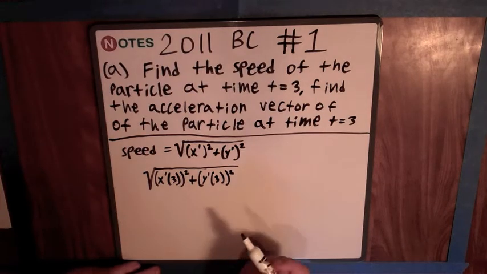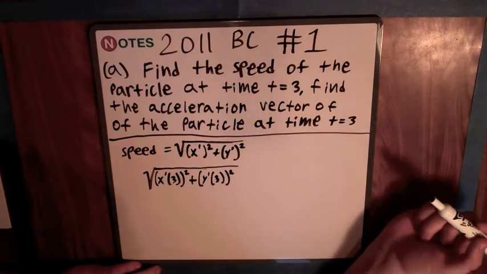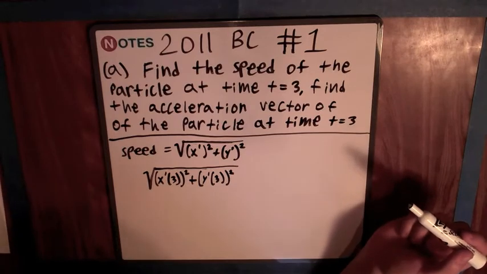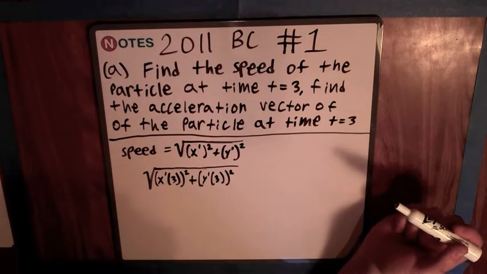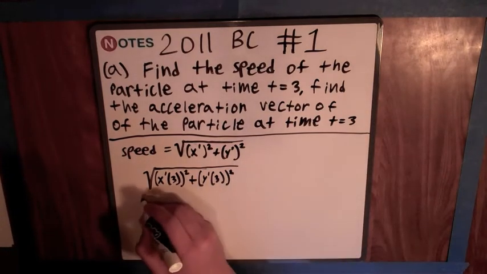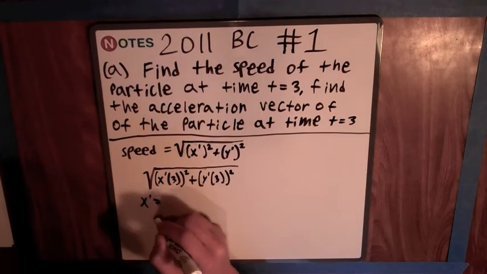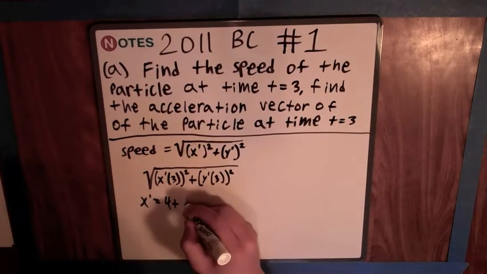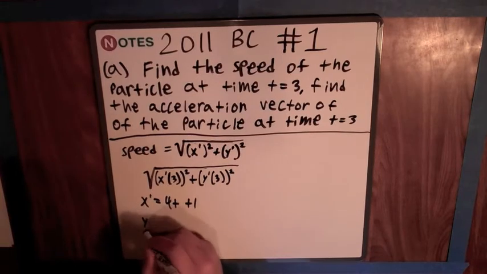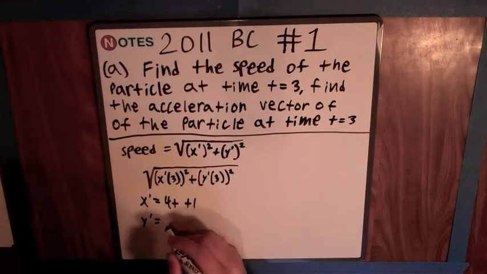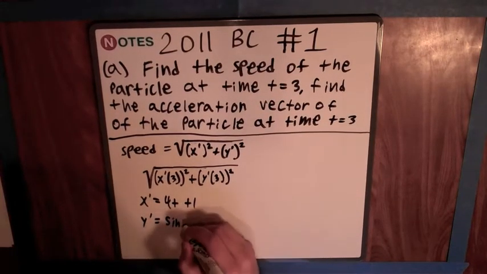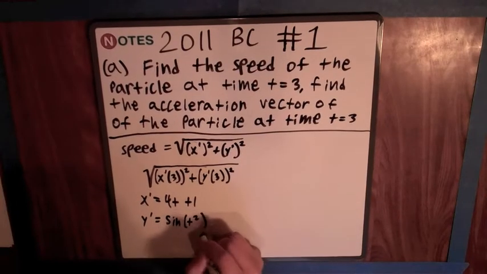Then we're going to plug that into our equations, going back to our original question, dx dt. So x prime equals 4t plus 1, and y prime equals sine t squared.